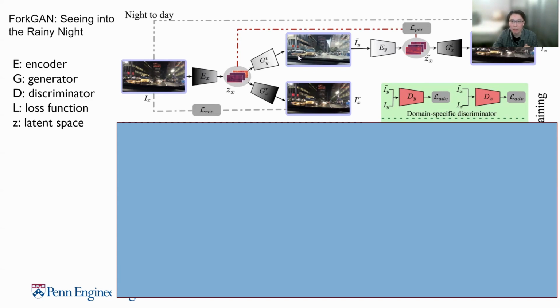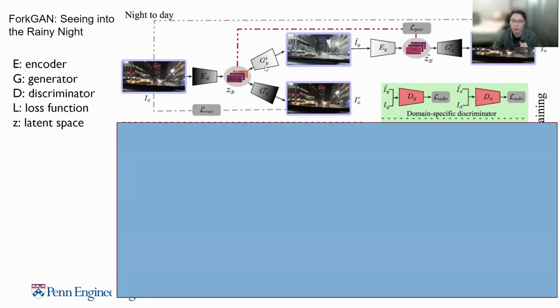Then they have another pipeline that takes this into another generator and generates a daytime scene. Another encoder encodes it into this daytime latent space, and another generator turns it back into the night scene.